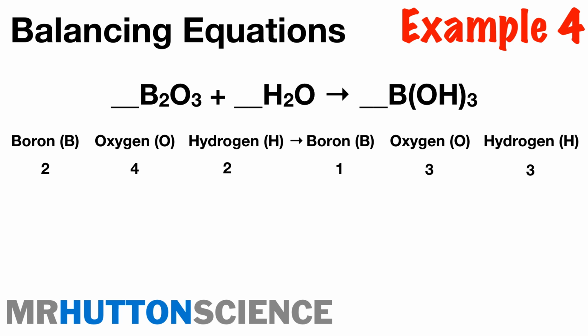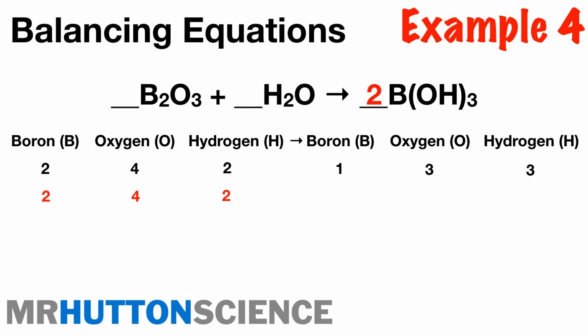Okay, what I'm going to do first is I want to balance my boron. So I've got 2 in my reactants but only 1 in my products. So to do that we're going to put a 2 in front of the boron hydroxide. Okay, and then again we add up the number of each type of atom we've got. So we've still got 2, 4 and 2 on the left. We haven't done anything to our reactants.